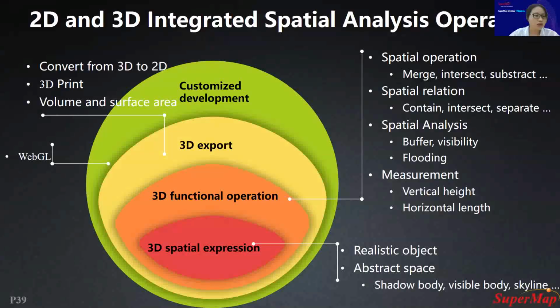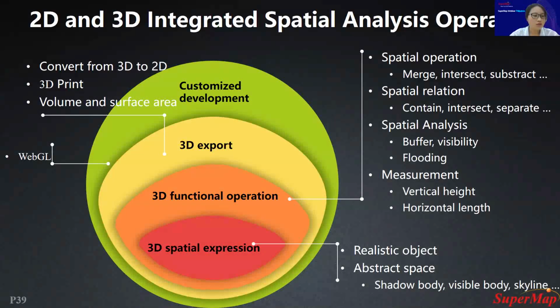3D GIS also provides many analysis functions. The first operation is 3D spatial expression, which not only displays the realistic object, but also the shadow body, visible body, and skyline.